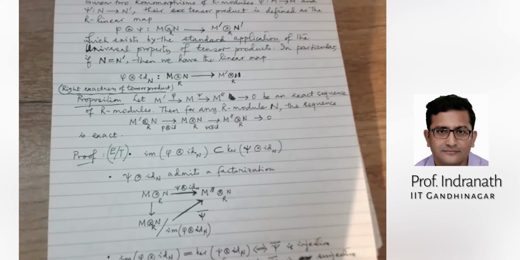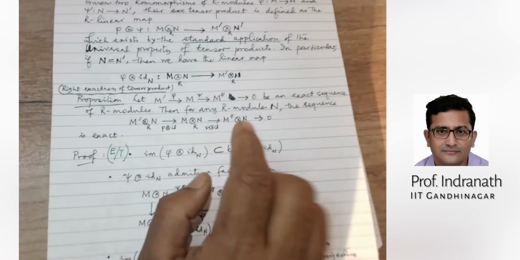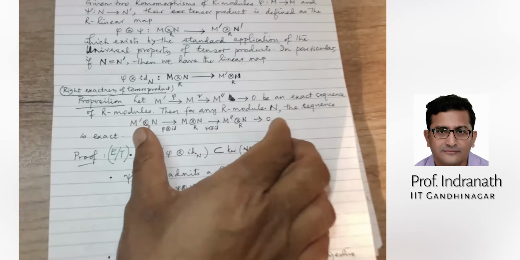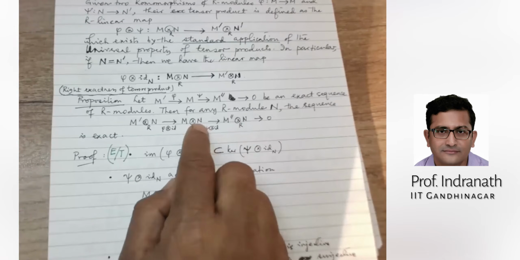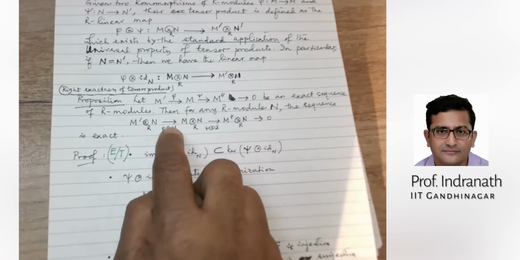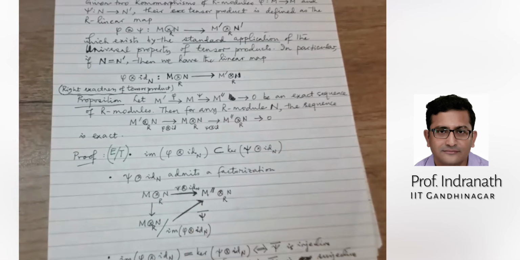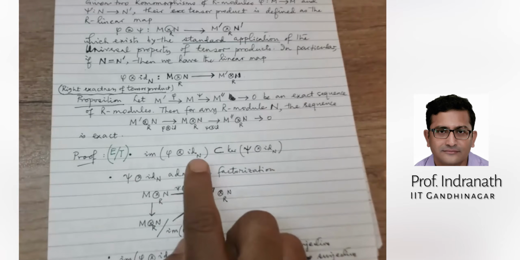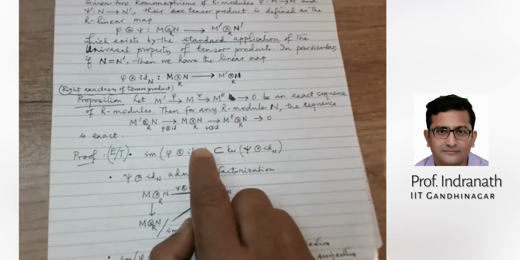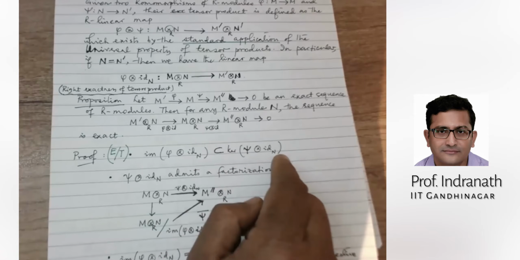So once again, whenever you are checking exactness, what do you have to check? In order to check that this is exact, you have to check that at each spot it is exact. So that means the image of this is equal to the kernel of this. And again, this map is surjective. So the summary is that the image of this is contained in the kernel of this. That is true. Why is that true?